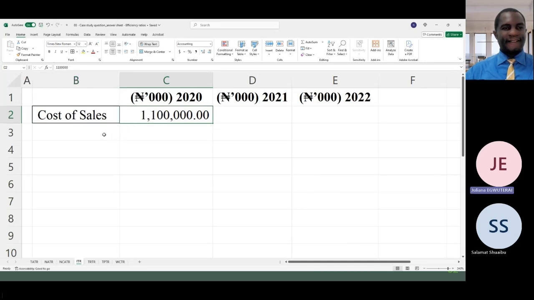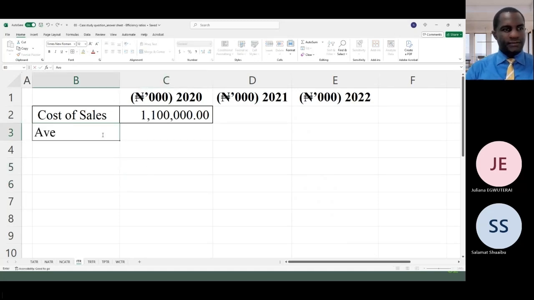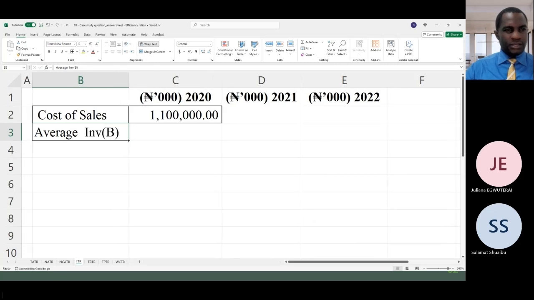I have 21 and 22. Wow, that was so fast. Okay, let me set up average inventory before I take your figures. Inventory beginning, and average inventory ending.